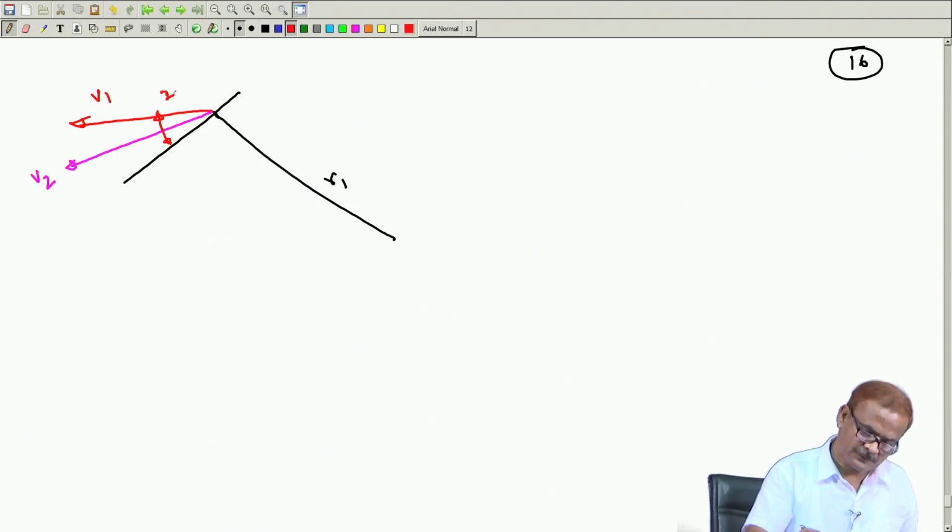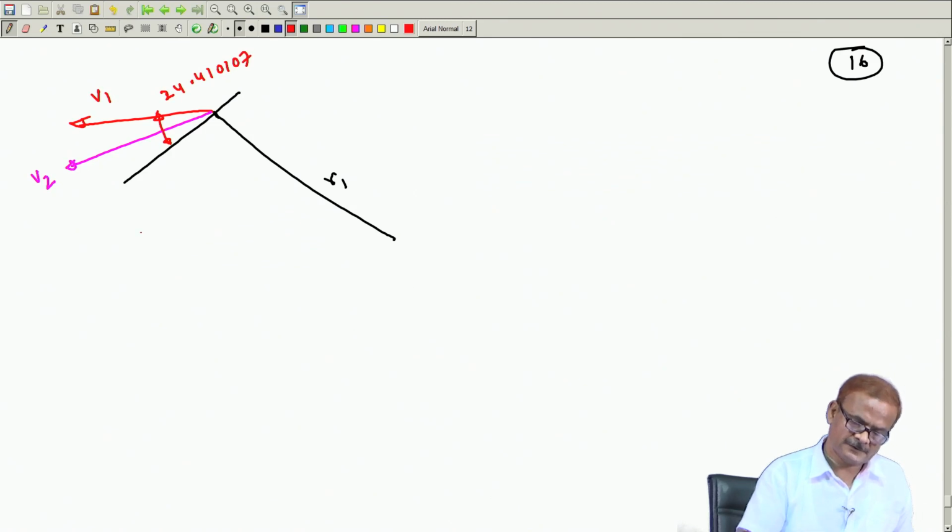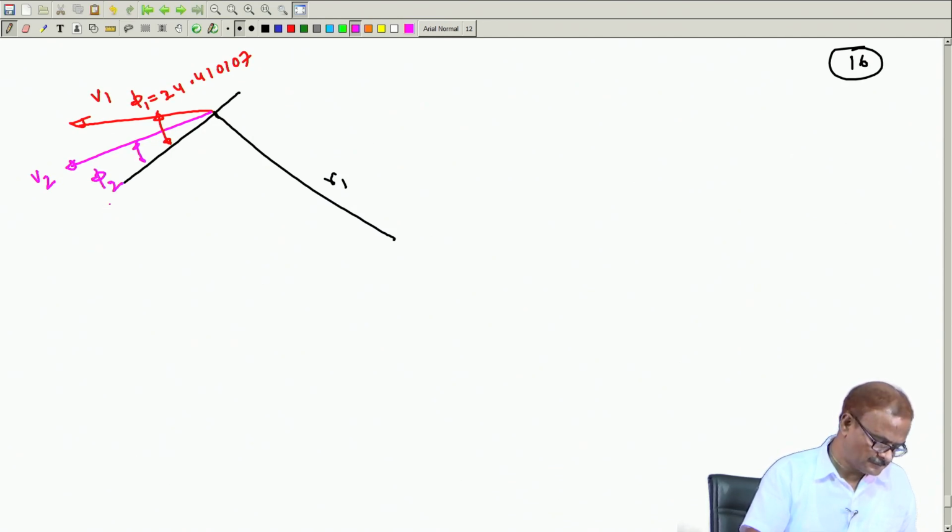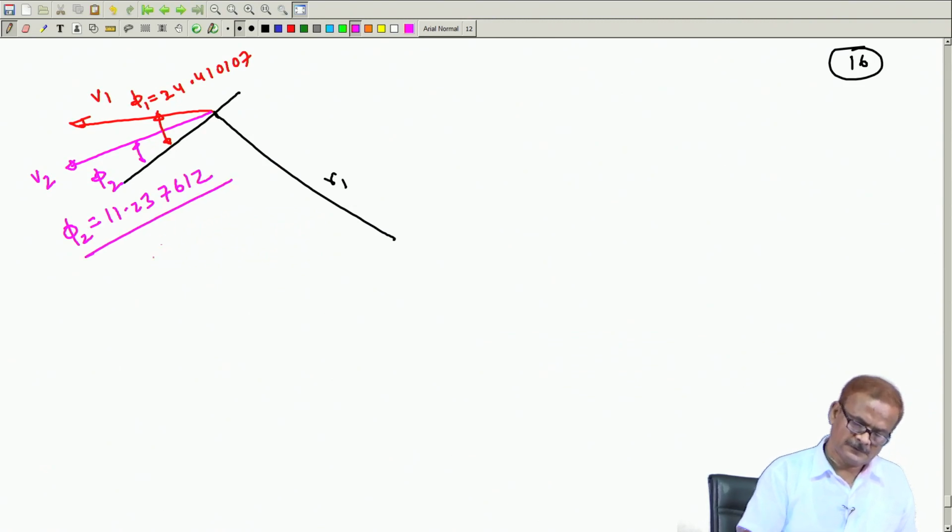This is 24.410107 we calculated. This is phi 1, and the angle we have just calculated is phi 2. So, phi 2 is turning out to be 11.237612. So, this is your delta phi.